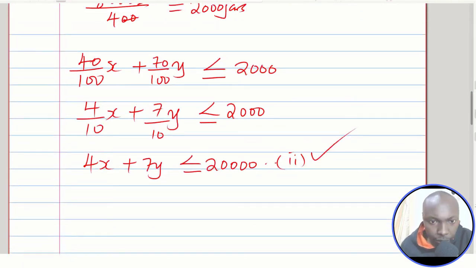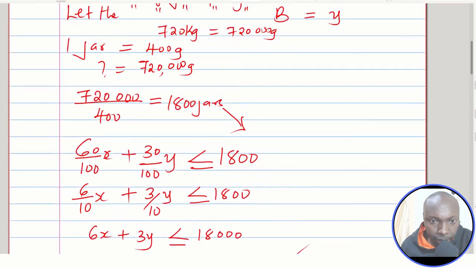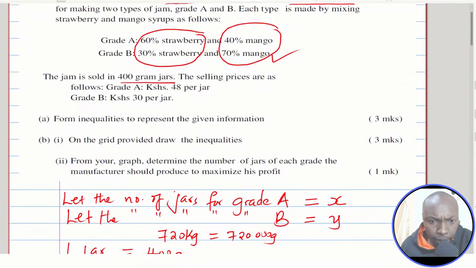Now the next thing is to find, do we have another inequality that we can get? When you look at the other information, the selling prices are as follows. Grade A 48 per jar and grade B. So from here we can also get another important thing, which is going to give us the objective function, which we're going to use to maximize the profit in part B of the question.